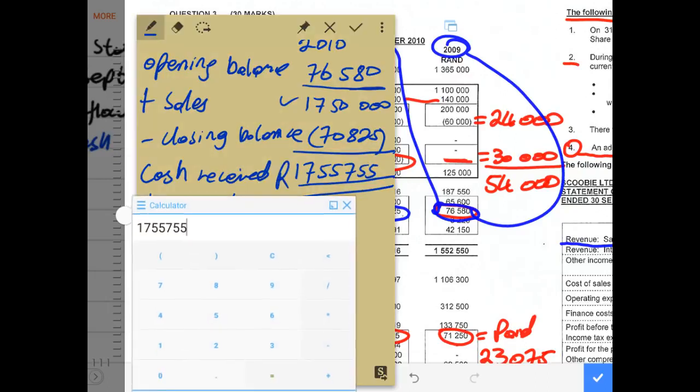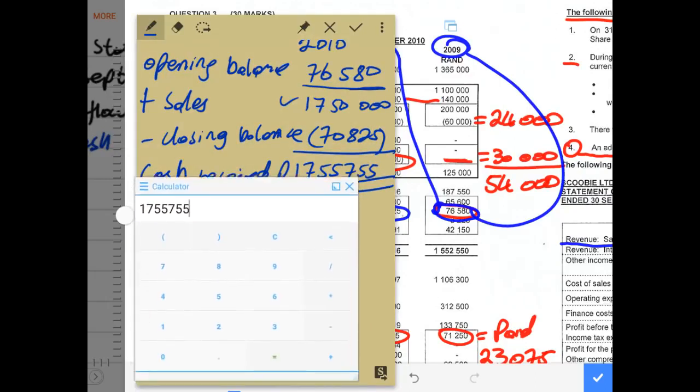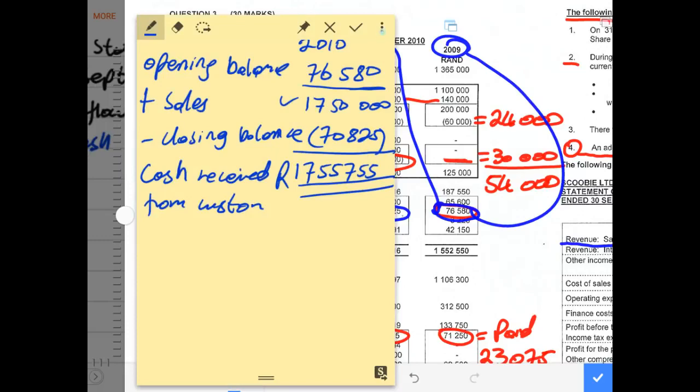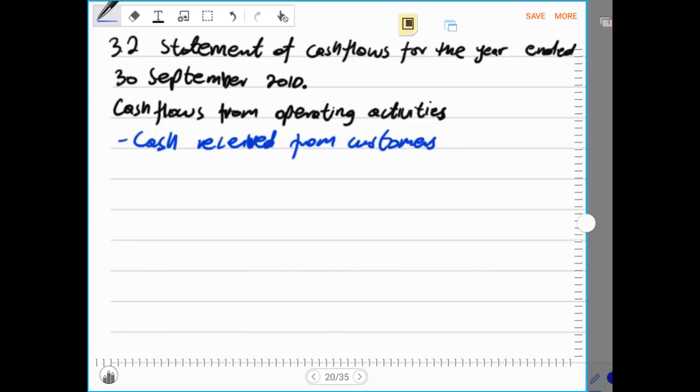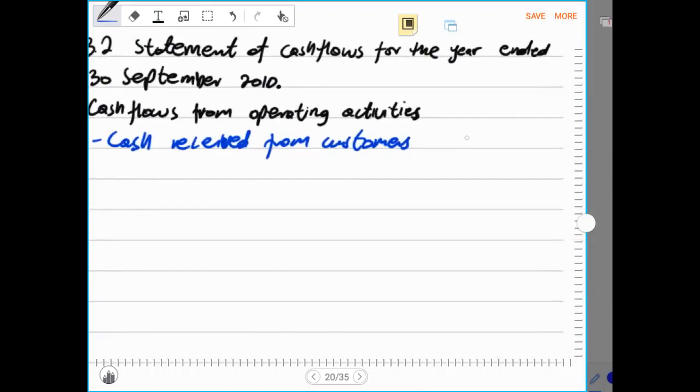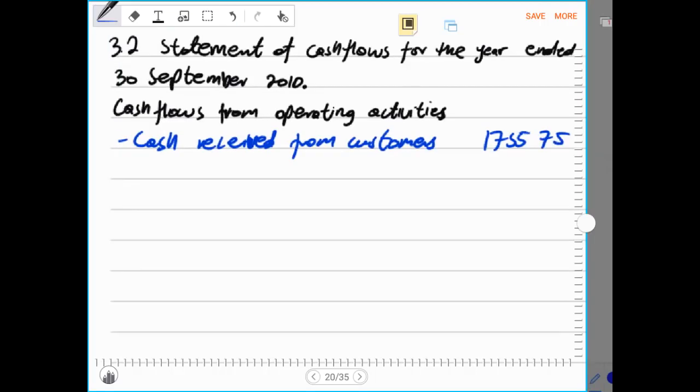So this will be the cash received from customers. That will be recorded as the first line item under cash flow from operating activities: 1,755,755. That is cash received from customers.